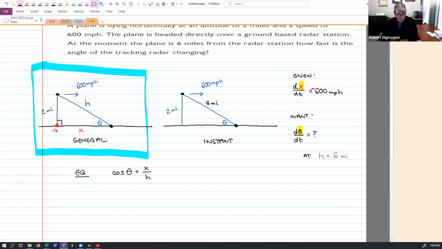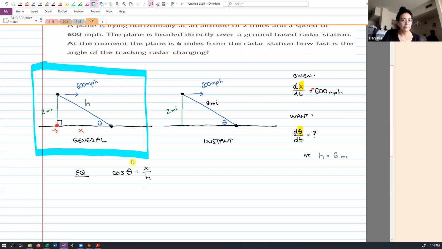Okay. Now the question is, do we proceed with this or not? Think about this. When we differentiate with respect to time, and this is a critical idea, nothing is going to turn into 1, right? Like the derivative of x with respect to x is 1. The derivative of t with respect to t would be 1, but anything other than t, the derivative would not be 1, right?